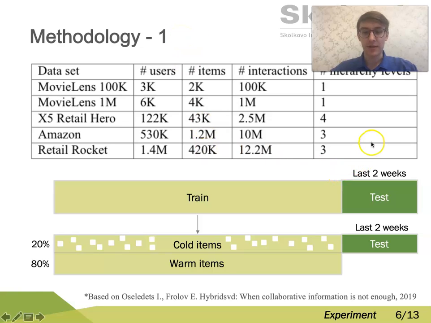To make the training and test sets, we reserve the last 2 weeks as a test set, and for train we sample 20% of items and then we randomly drop interactions with them to simulate the cold start problem. This methodology was described in the work of Frolov and Oseledets called Hybrid SVD.